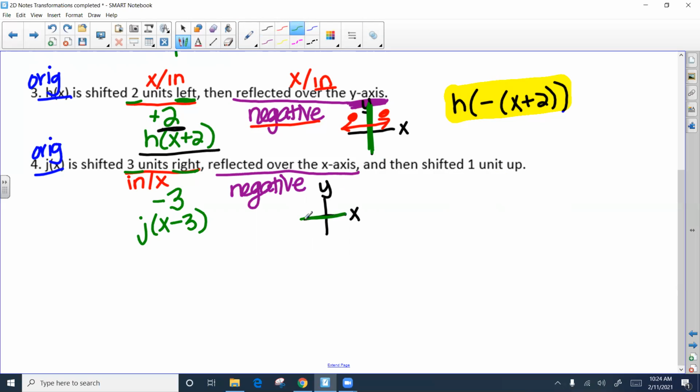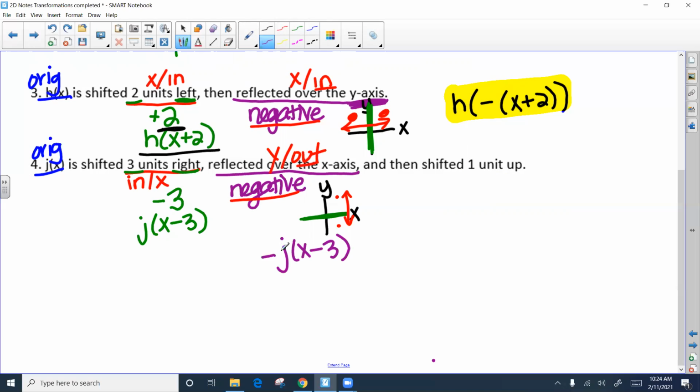If something's reflecting over the x-axis, the points are flipping up and down, which actually means it's affecting the y values, or the outside. So this means there's going to be a negative on the outside. So after that step, it would look like this, negative j of x minus 3.